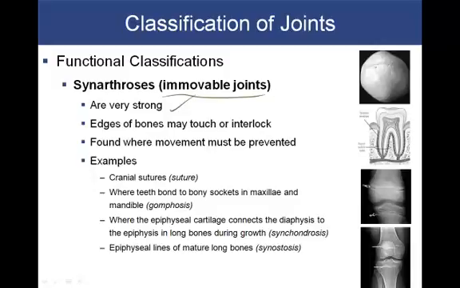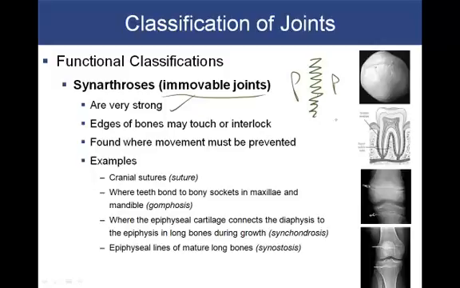They're very strong. We often find that the two bones either touch or interdigitate, or interlock. If you remember looking at the sutures of the cranium, they interlock. If this were the sagittal suture, you have the left and right parietal bones, and they interlock.